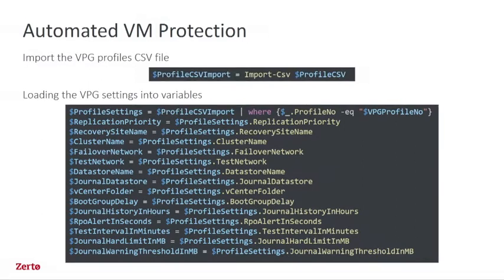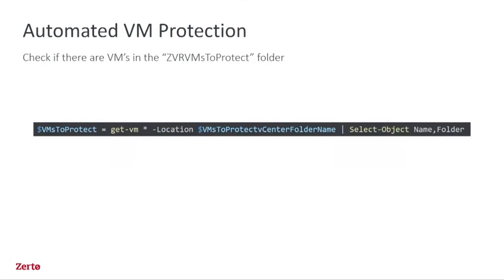So now we have all these variables we can use to add the right data to the JSON structure. So the next step is, well, let's see if there are actual VMs in that folder. So now we're starting to use PowerCLI. What we do is Get-VM, which means getting the VM information, the VM data and settings. So what I do here is Get-VM star, meaning all the VMs, wildcard, where the location is the VMs to protect vCenter folder name.